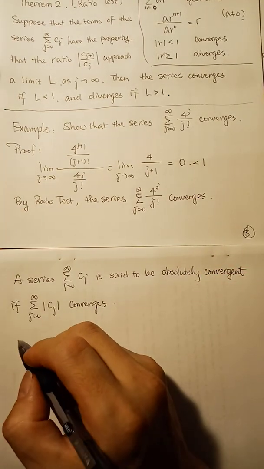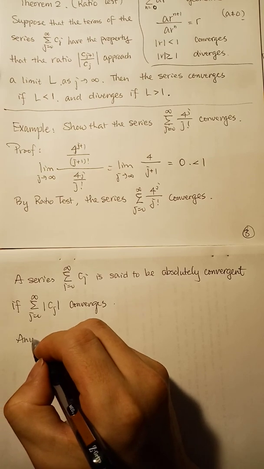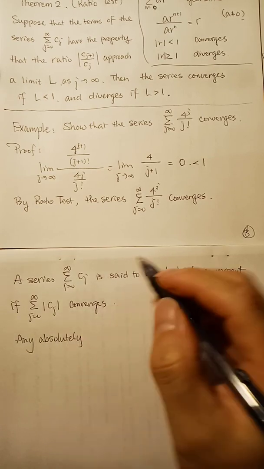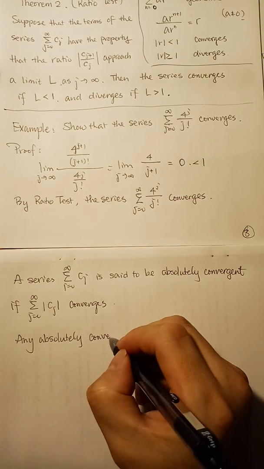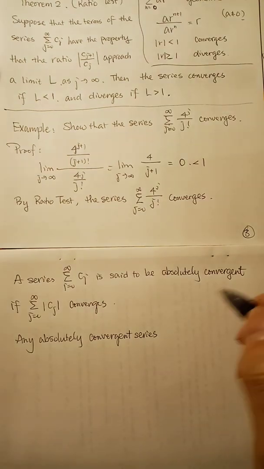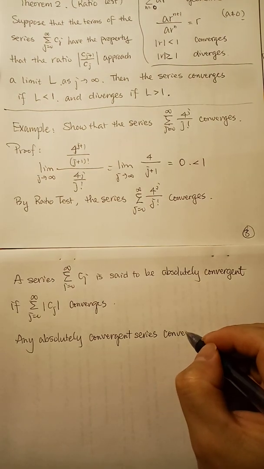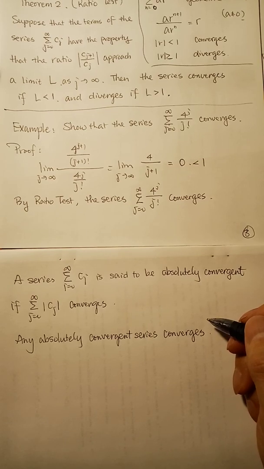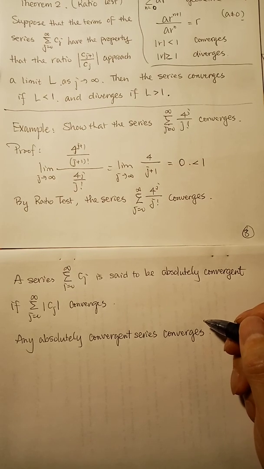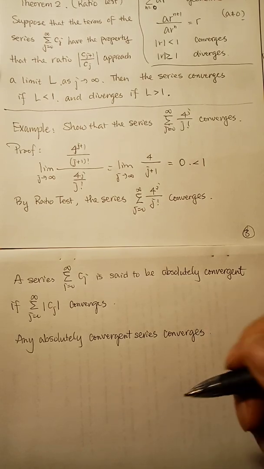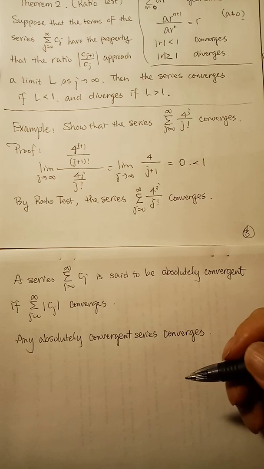And we have the result that any absolutely convergent series converges. Right? Any absolutely convergent series converges. This actually comes from the comparison, the triangle inequality.